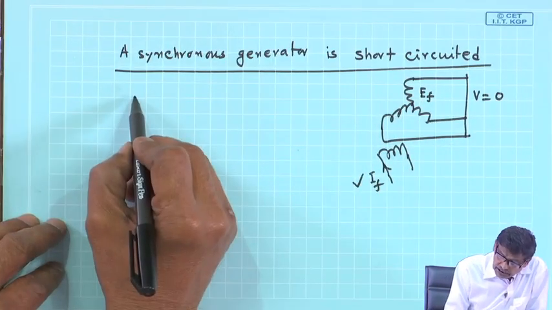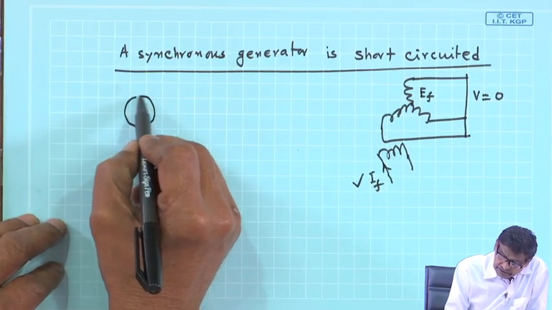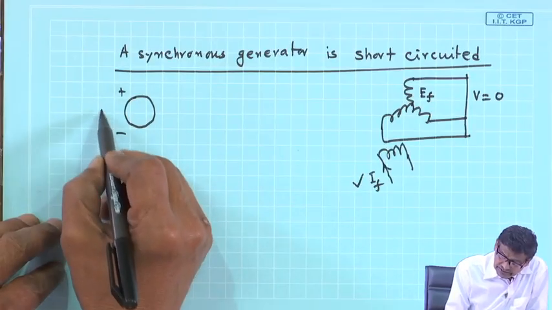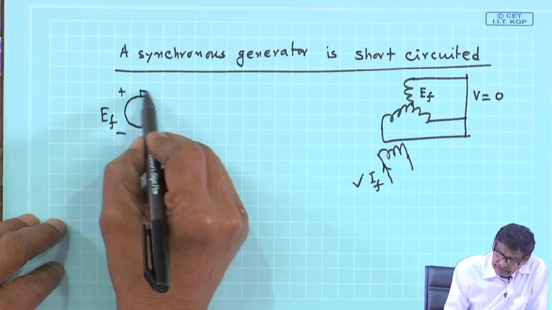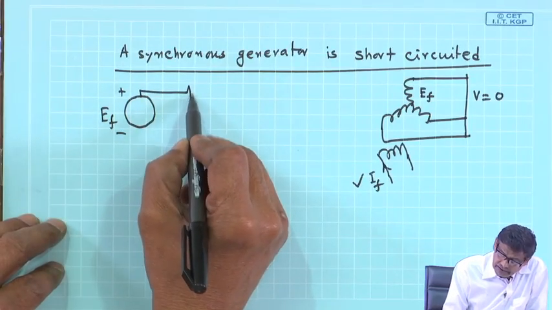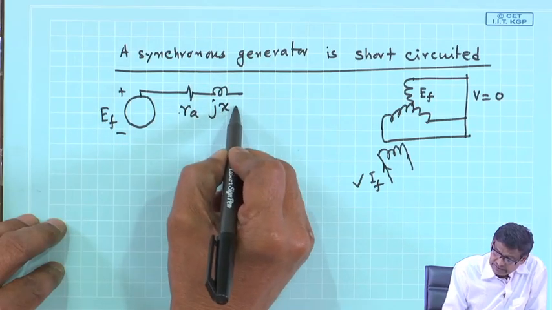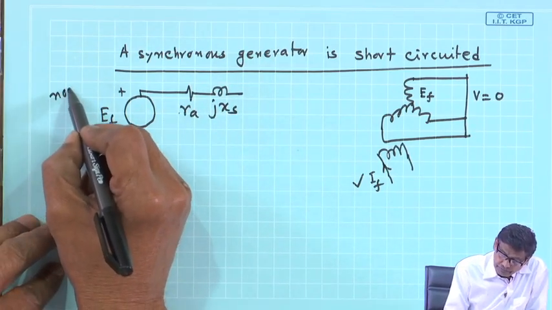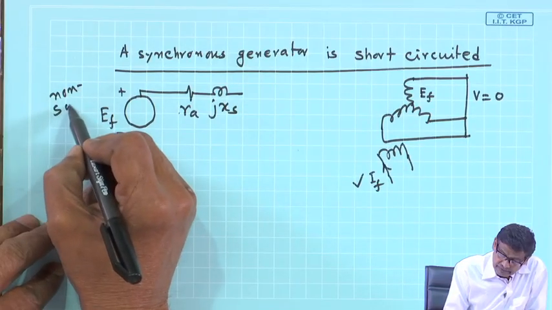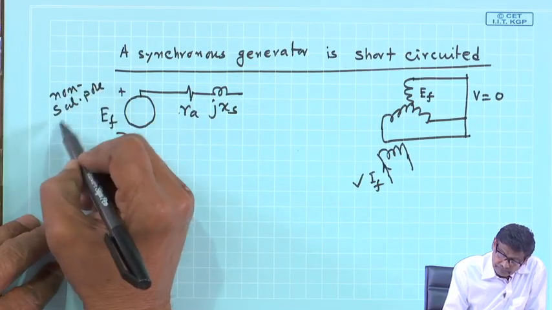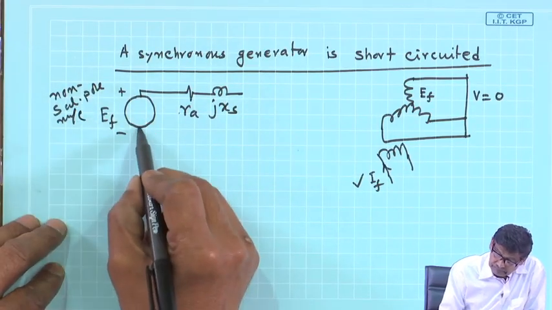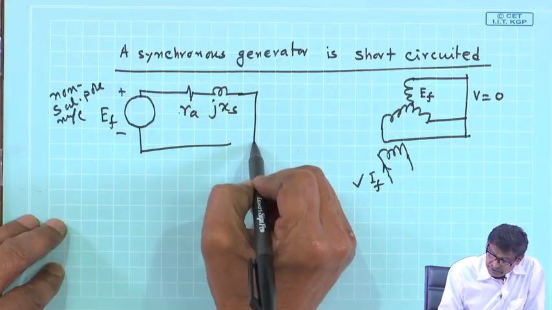So, if you look at the equivalent circuit, it is plus minus EF, and this is RA, J XS for non-salient pole machine, and these are shorted.